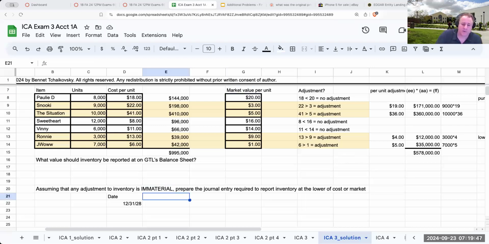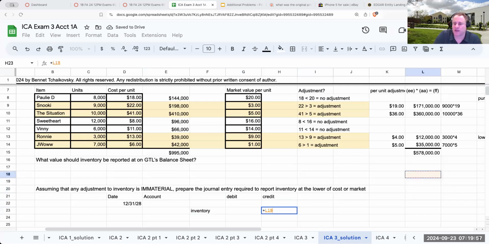So over here, we've got account, debit, credit. I'm going to credit inventory because my inventory account is being overstated by 578,000, right? Inventory is an asset.